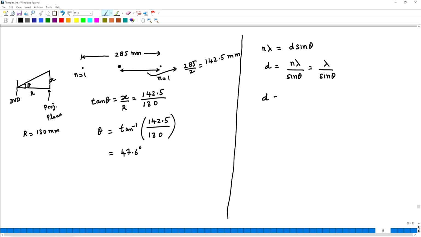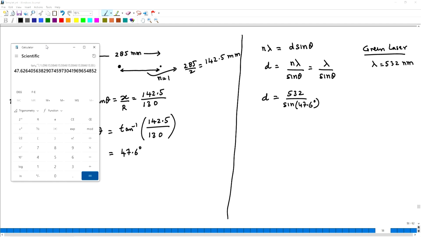I have used the green laser, and the specification of the laser says that its wavelength is 532 nanometers. So, I write 532 divided by sine of 47.6 degrees.